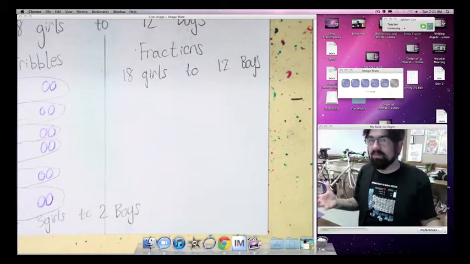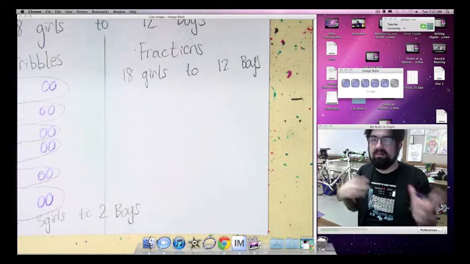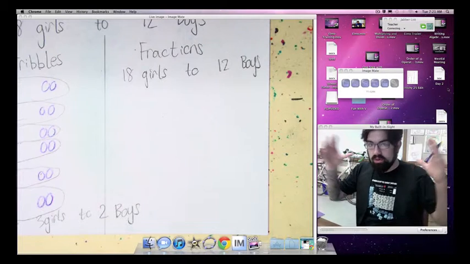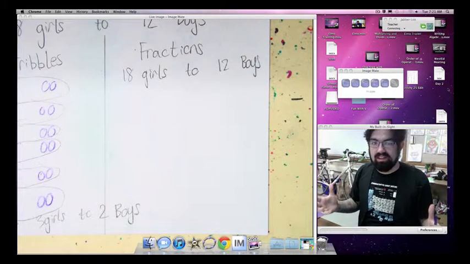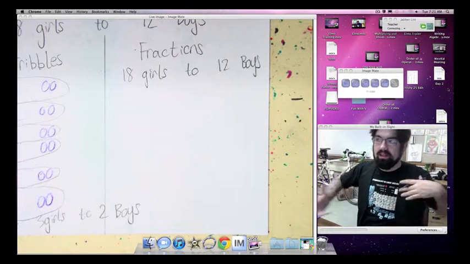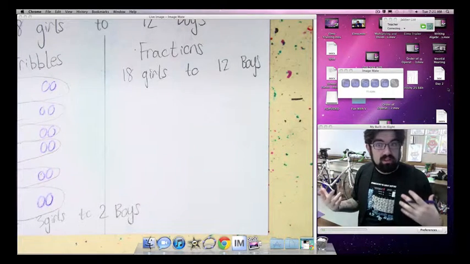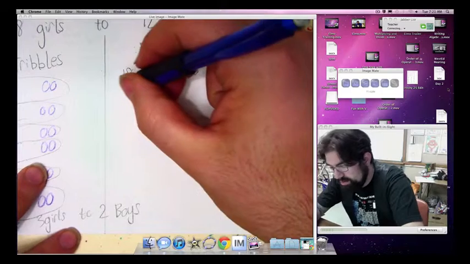If I was going to simplify, I have to think of a number that I can divide both sides by to lower the number, and I have to do it equally. So I'm thinking of a number I can divide 18 and 12 by. Both of them are even, so I can divide both of them by 3.